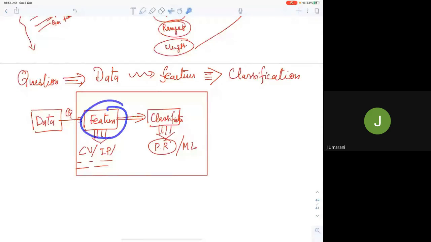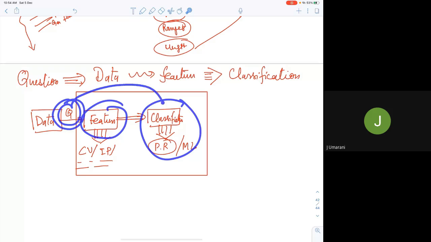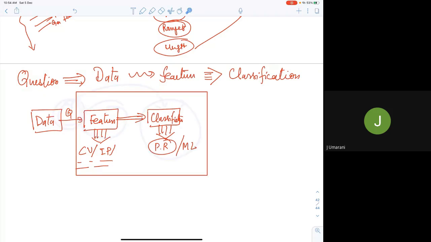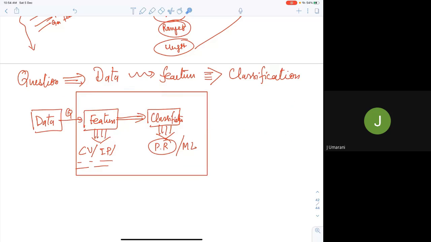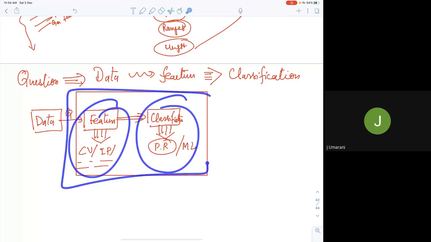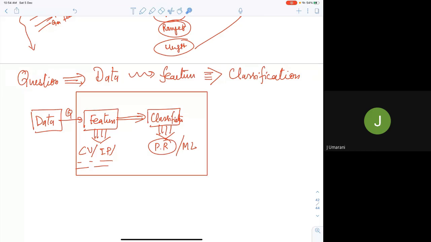So now feature and classification are not two distinct entities in the case of deep learning, but in traditional machine learning, one person was doing this, some other person was doing that, and they were not communicating. So if your classification is not performing, every time the classifier person can say that the features are not good.